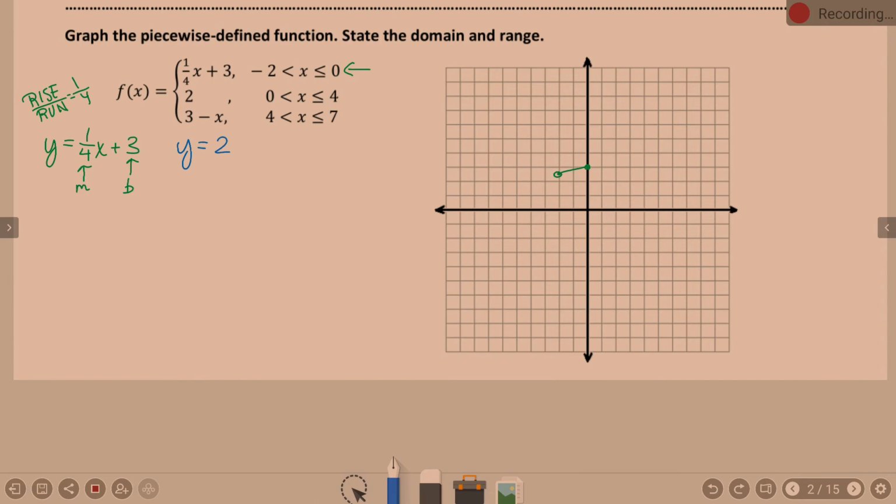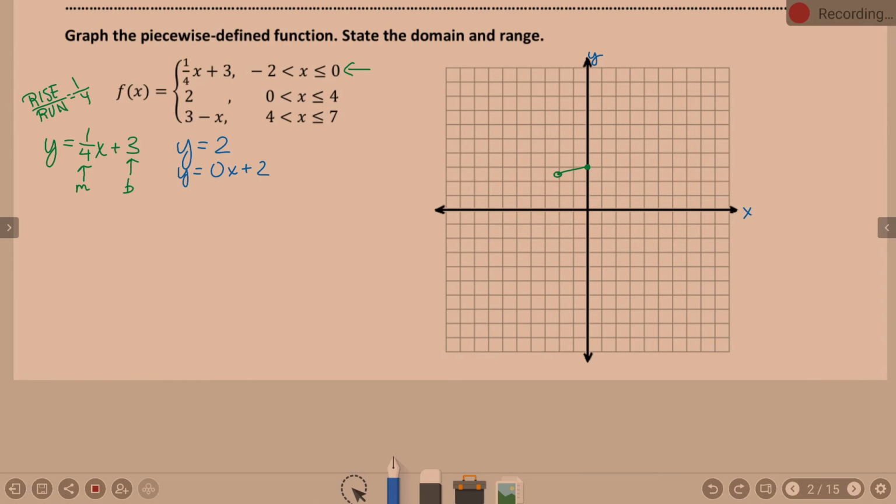What do you know about y equals 2? The straight line. Okay. Easiest thing to do is go on the y-axis, which I didn't label my axes here, but go on the y-axis to 2 and draw a line that goes through it. You can also think of this as 0x plus 2.